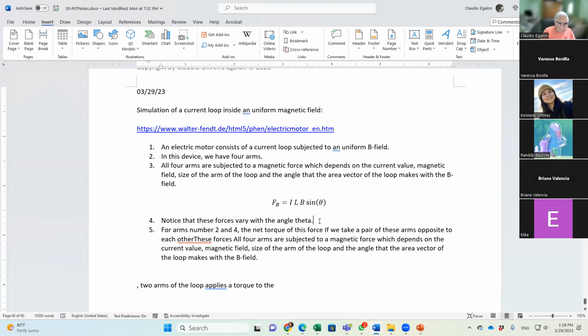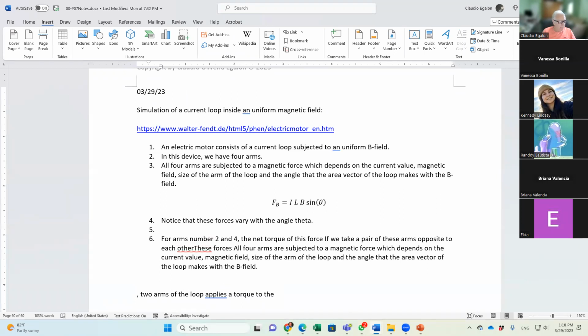I gotta tell you something else before you go there. The net force between all these arms is 0. Net force between arm 1 and 3 is 0. Net force between arm 2 and 4 is 0.